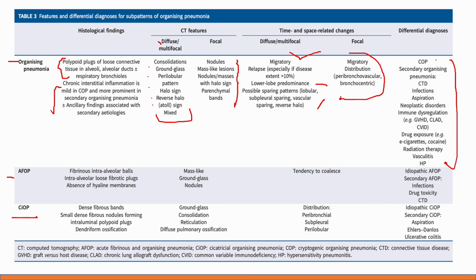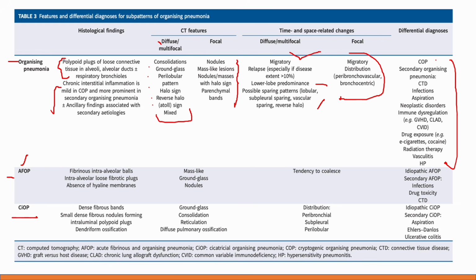When we talk about acute fibrinous organizing pneumonia, in this histological pattern, there is a spectrum of pattern ranging between organizing pneumonia and diffuse alveolar damage. So there is some fibrinous involvement also. So it's close to or in between organizing pneumonia and that component.